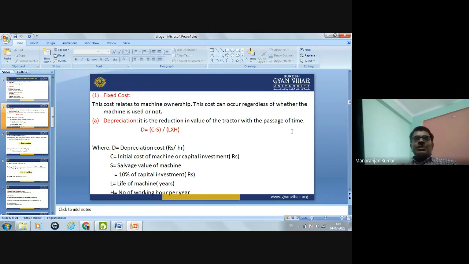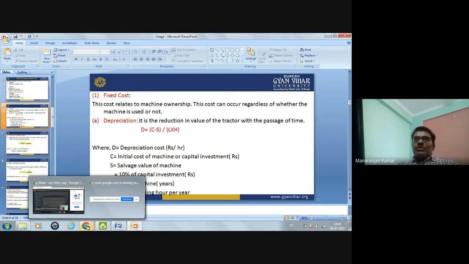Whether your machine is running or your machine is stopped, this cost will occur. Under the fixed cost, the first parameter is depreciation. Depreciation means the reduction in value of the tractor with the passage of time.